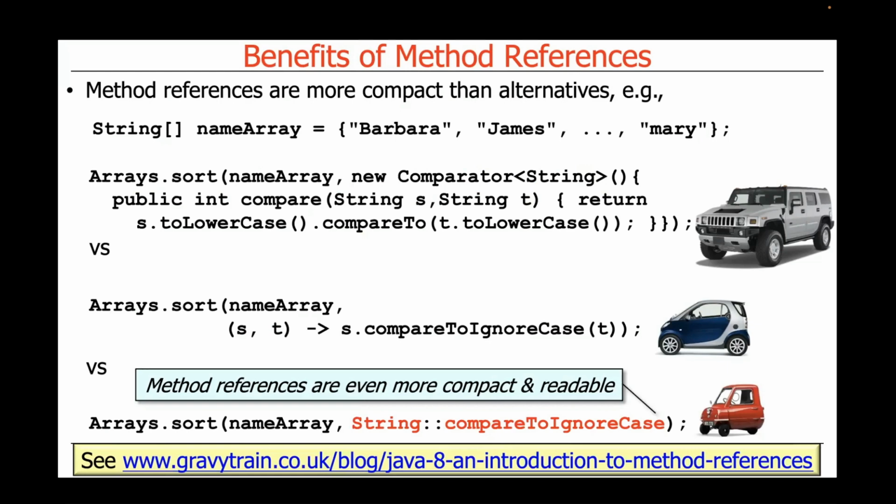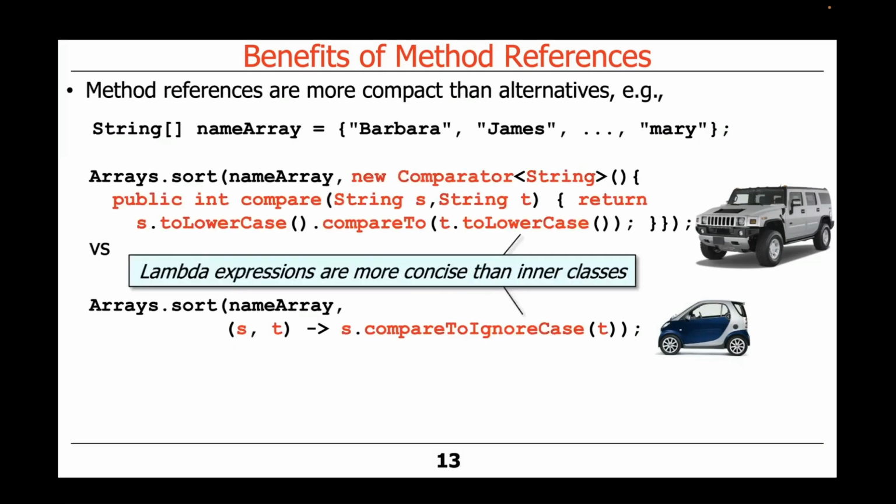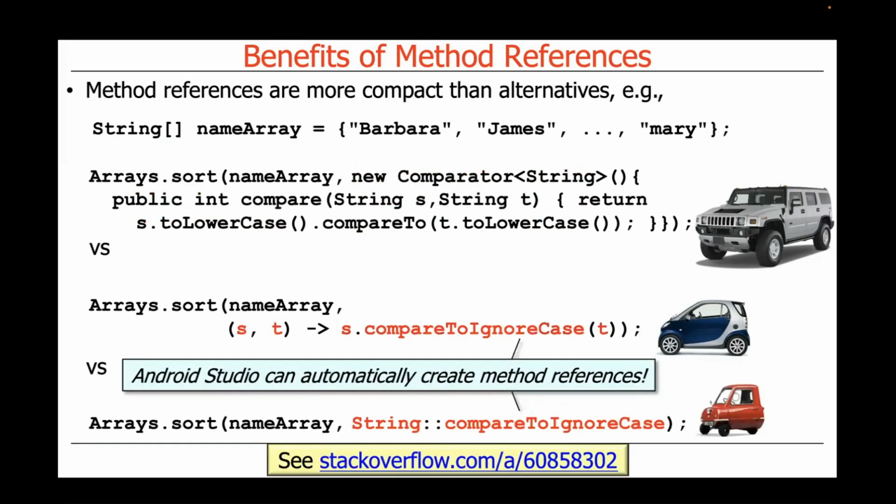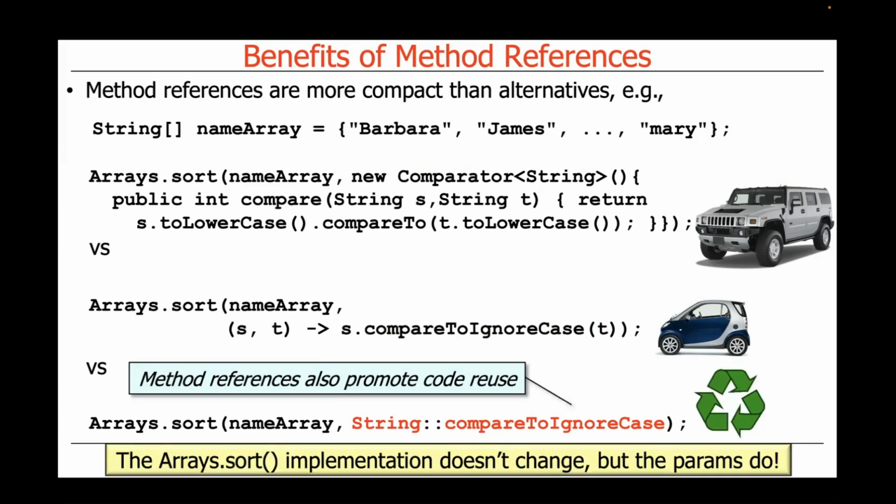So here you can see we just say Arrays.sort(nameArray, String::compareToIgnoreCase), which again looks very, very much like C++ pointers to member functions or pointers to static member functions. So I think you'll agree with me that that is even more concise than either of these. And so one of the other nice things is you can use Android Studio or IntelliJ to automatically convert things that are lambda expressions to the corresponding method references when that conversion can be done automatically, which it often is.